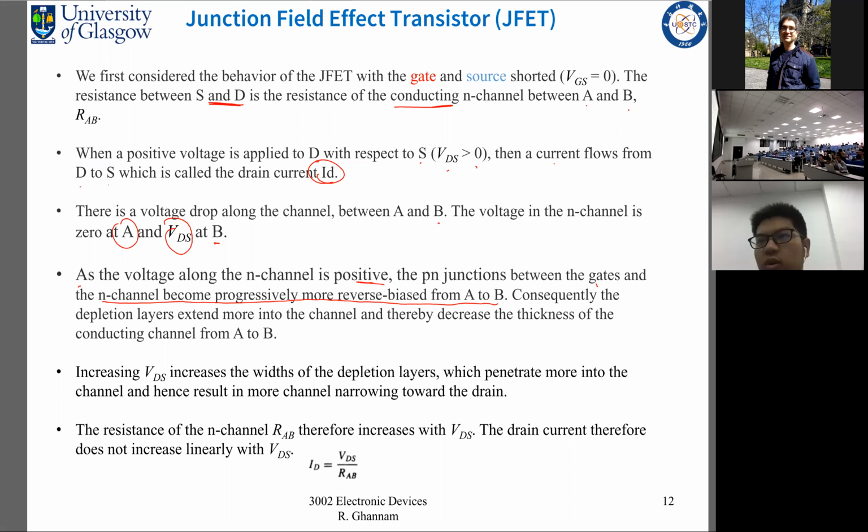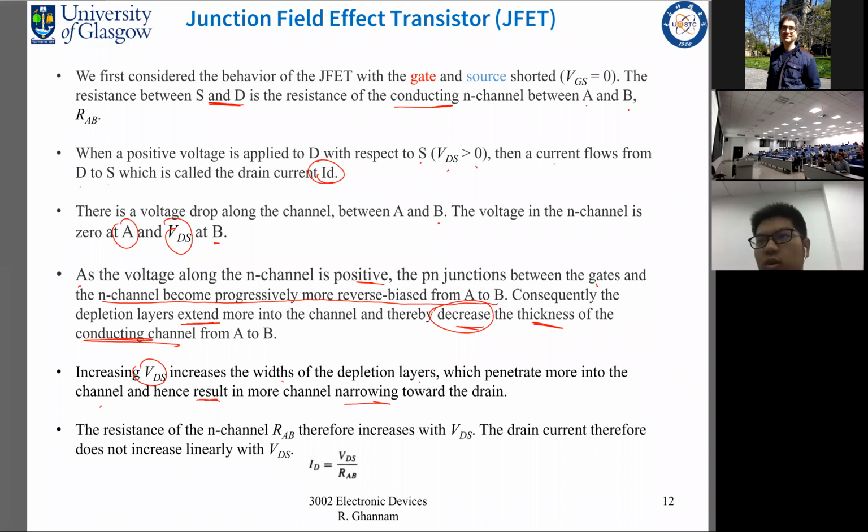So the depletion layers extend more into the channel and thereby decrease the thickness of the conducting channel between A and B. So because we are increasing this reverse bias, we are increasing the width of the depletion region, and we are decreasing the thickness of the conducting channel from A to B. Increasing VDS further results in an increase in the width of the depletion layers, which penetrate more into the channel, and they result in more channel narrowing towards the drain.